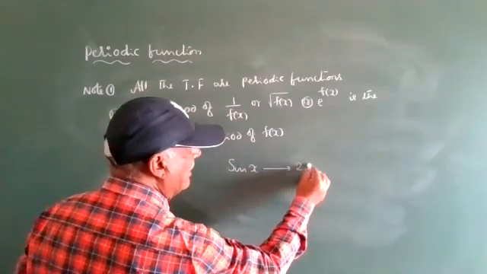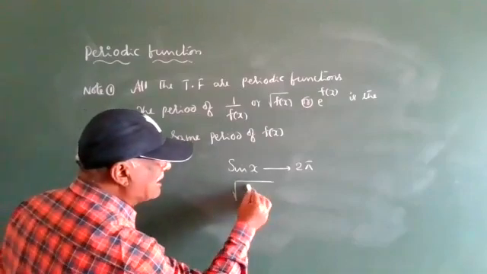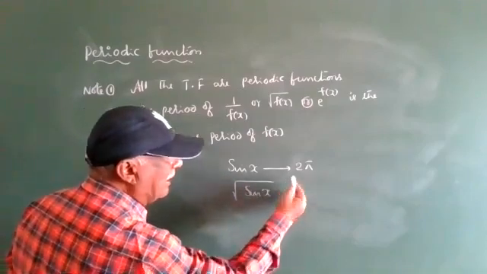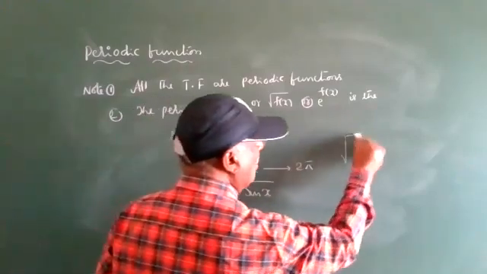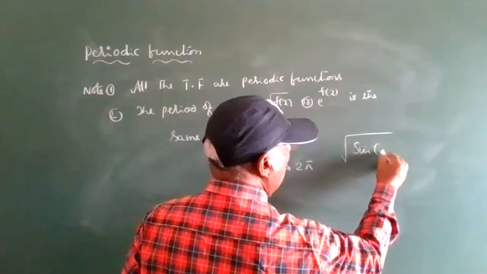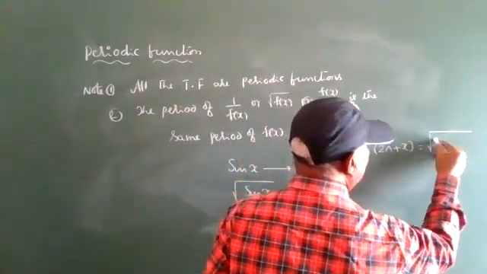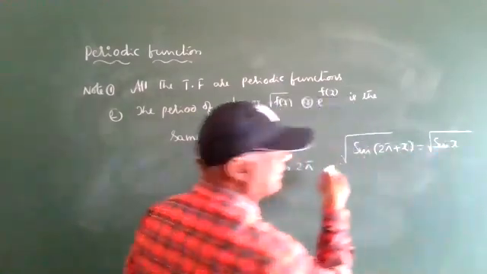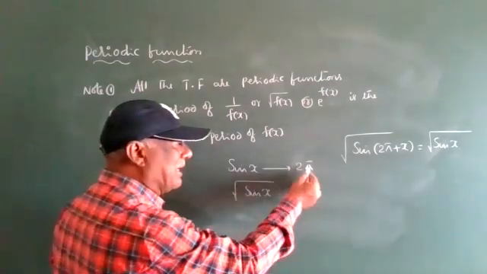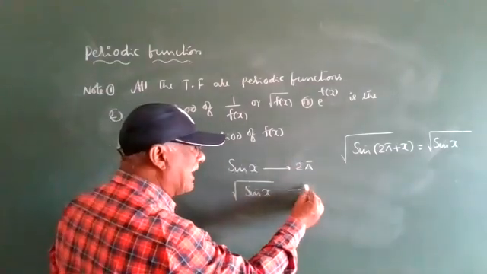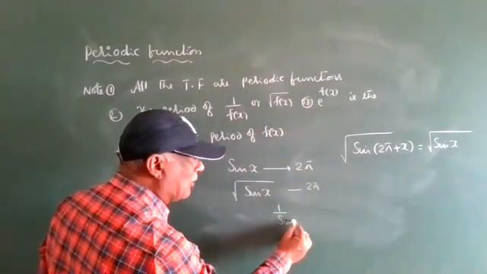So the period of sin x is 2 pi, and the period of root of sin x is also 2 pi. See, root of sin of 2 pi plus x equals root of sin x, the same. So the period of 1 by sin x is also the same 2 pi.